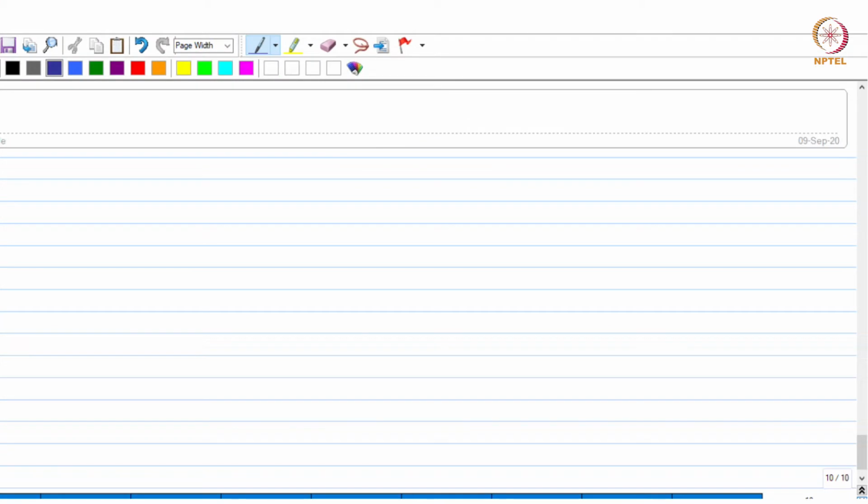Okay, so this precipitation sequence that you have in the 6000 series alloys will occur when the aging is done in a particular temperature range, which is 170 to 200 degree Celsius.